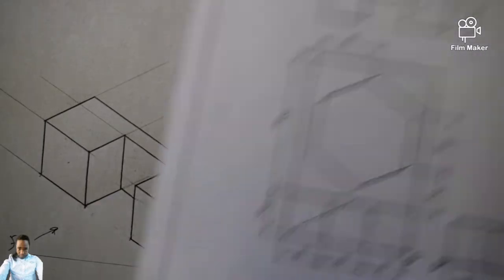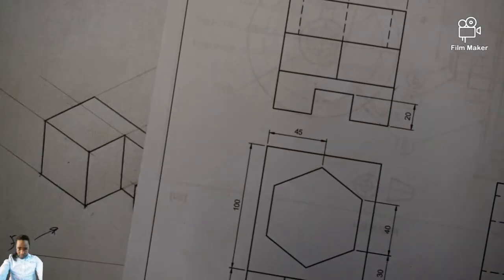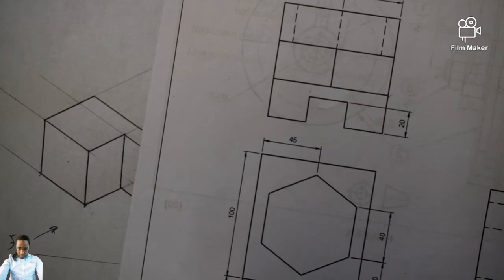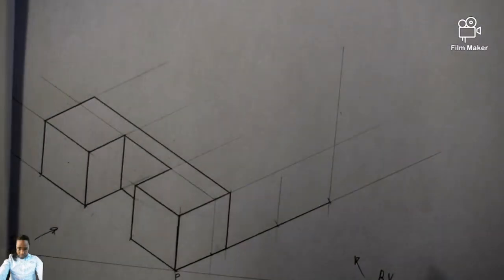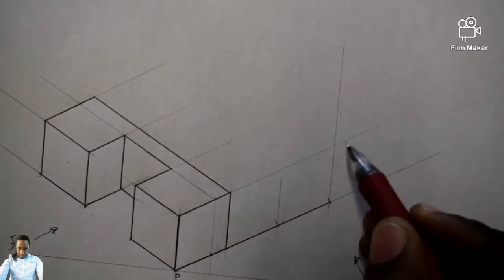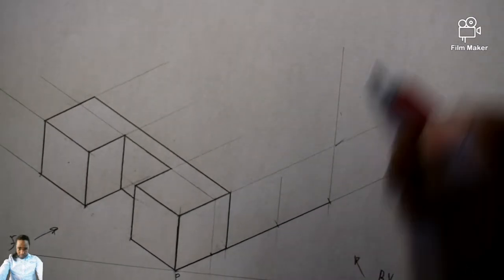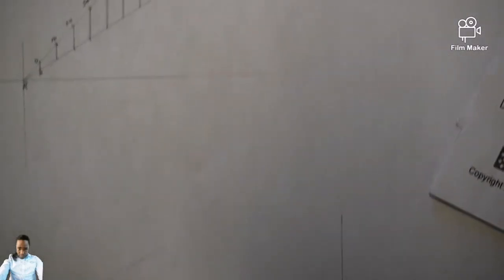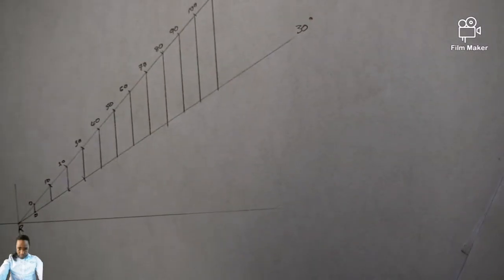So now let's approach drawing this other part, this one. We are told from here going up is 100 millimeter, which means we can record it from this point going up 100 millimeter. But don't forget to convert your 100 millimeter.